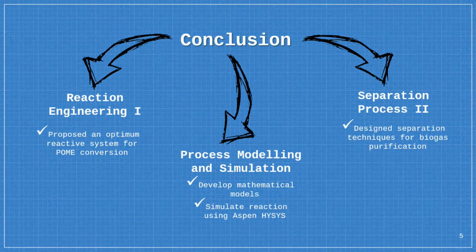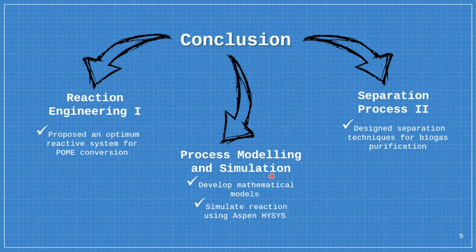To conclude, we have achieved the objectives of all three courses. For Reaction Engineering 1, we have successfully proposed an optimum reactive system for POME conversion where two CSTRs were designed with the assumptions and the calculation of all operating conditions and also the reactions involved. For process modeling and simulation, mathematical models are developed and used to do manual calculation and finally compared with the result of Aspen HYSYS simulation.